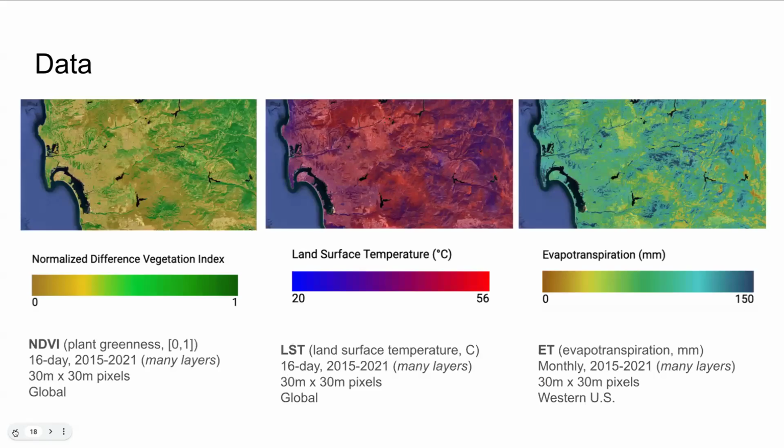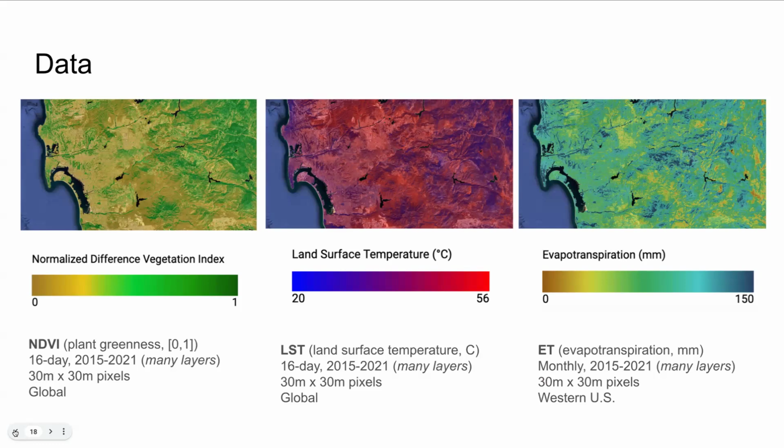And then lastly, these are the data sets of focus here. NDVI, our measure of greenness, we have this on a 16-day resolution when there are not clouds. Land surface temperature in degrees Celsius, that we have also at a 16-day resolution at a 30 meter by 30 meter pixel grid cell.